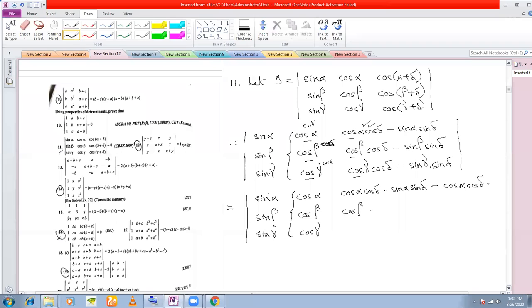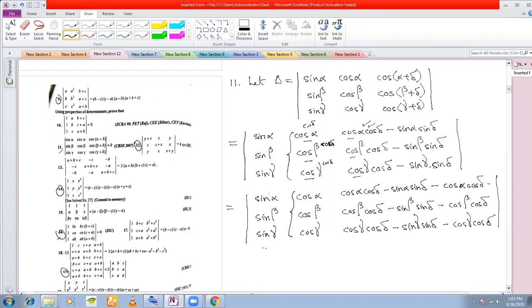Cos beta cos delta minus sin beta sin delta, minus cos beta cos delta. And here you have cos gamma cos delta minus sin gamma sin delta, minus cos gamma cos delta.